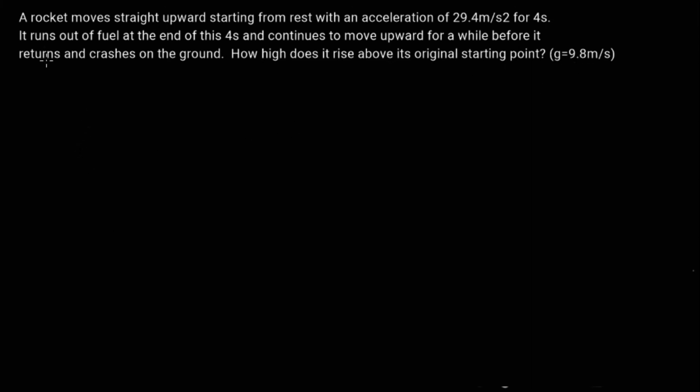Okay, now let's have something of this nature. A rocket moves straight upward, so this is the rocket moving straight upward, and it is starting from rest. If an object starts from rest, it means its initial velocity is equal to 0. This movement is with an acceleration.